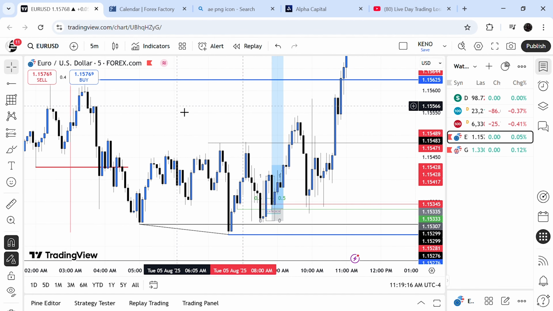Your FOMO, which is your psychology, that's one of the biggest issues in trading. It's not really about your strategy, your edge. It's about your psychology. The faster you realize this, the better it will be when it comes to trading.